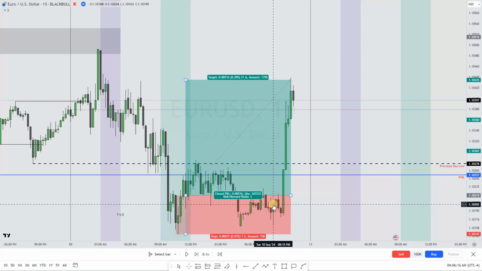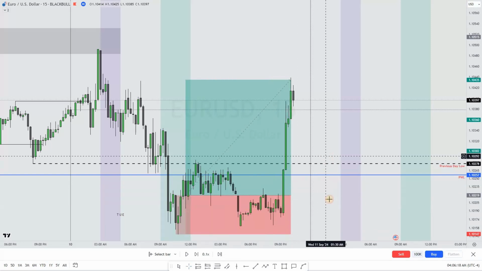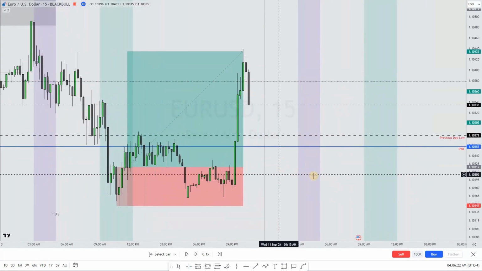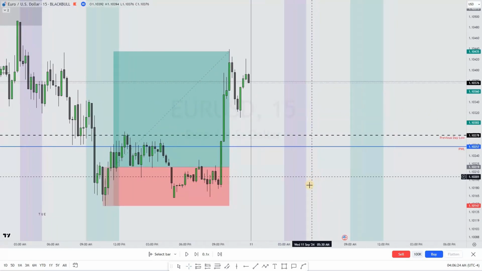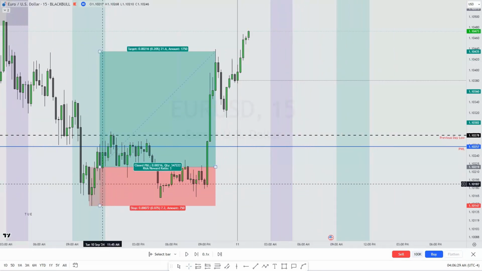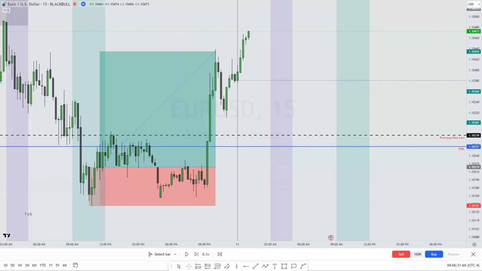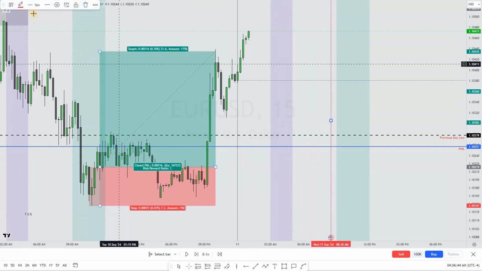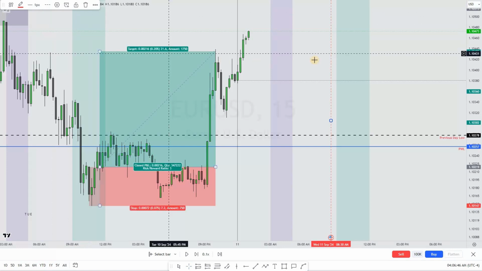So now we only have one trade, which was actually on Thursday. Now coming to Wednesday, remember we have news on Wednesday. We have core CPI on dollar right here, right?